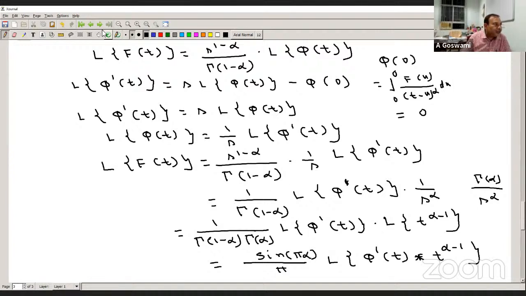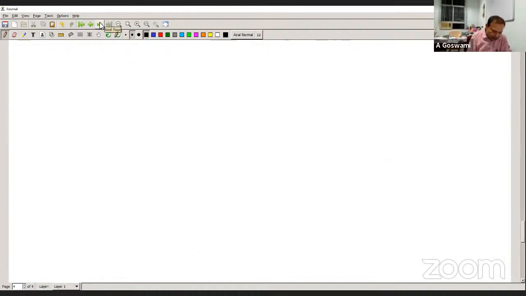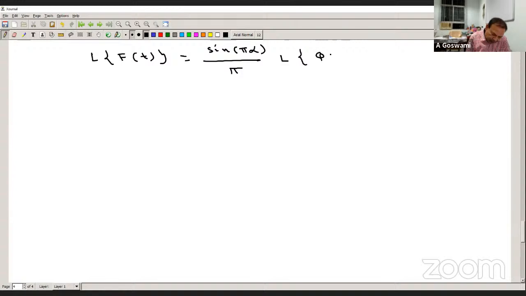So from here, the Laplace transform of f(t) equals sine pi alpha by pi into the Laplace transform of phi dash t star t to the power alpha minus 1.